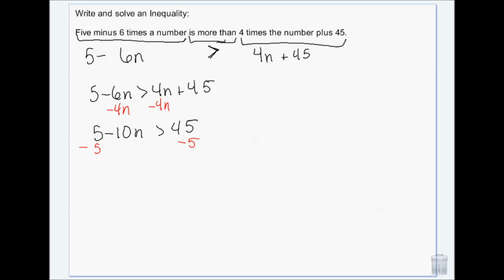Which is gonna give me negative 10n is greater than 40. And that's multiplication, so I need to divide. And I'm dividing by a negative, so I also need to flip my inequality symbol. So n is going to be less than negative 4. So in order for this to work, n would have to be less than negative 4.